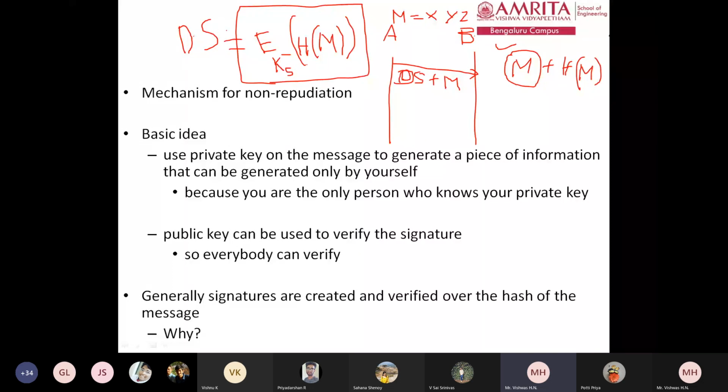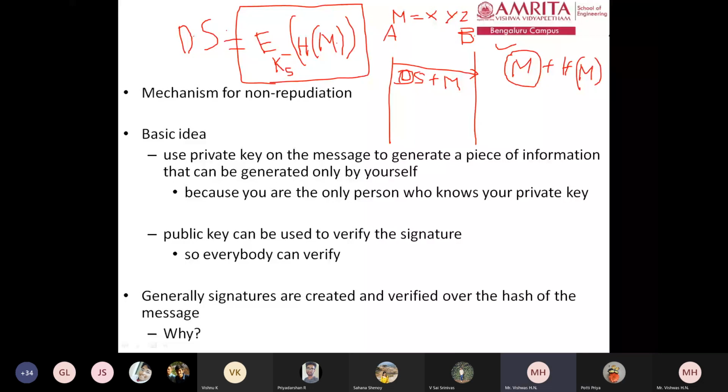There are two reasons. One is to prove integrity. The other one: if you just encrypt the whole message using the private key, what happens? Anybody can decrypt that message, no? You are not proving any confidentiality there. Anybody can decrypt it. Do you agree? Yes, sir.